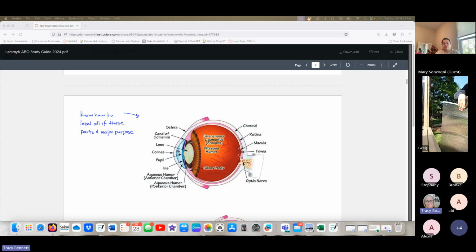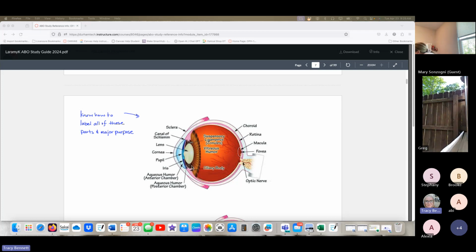But the aqueous that is in this front part of the eye is replaced and is actually created by the ciliary body, which is right in this area, right around behind the iris, if you will.